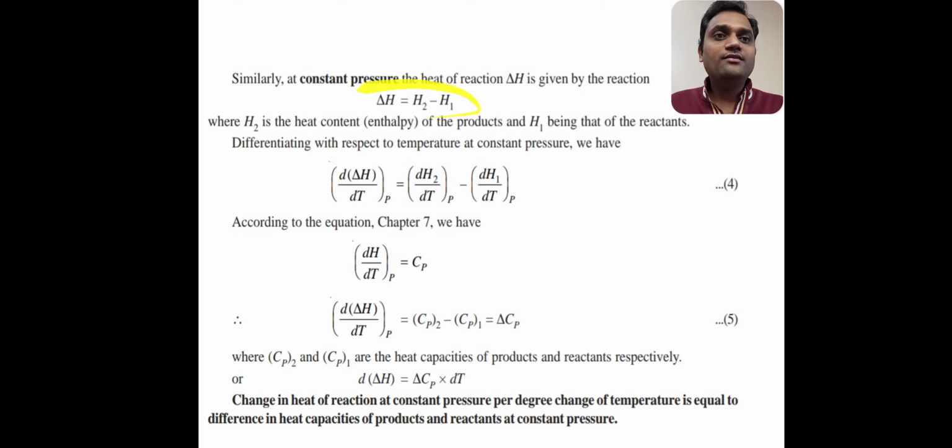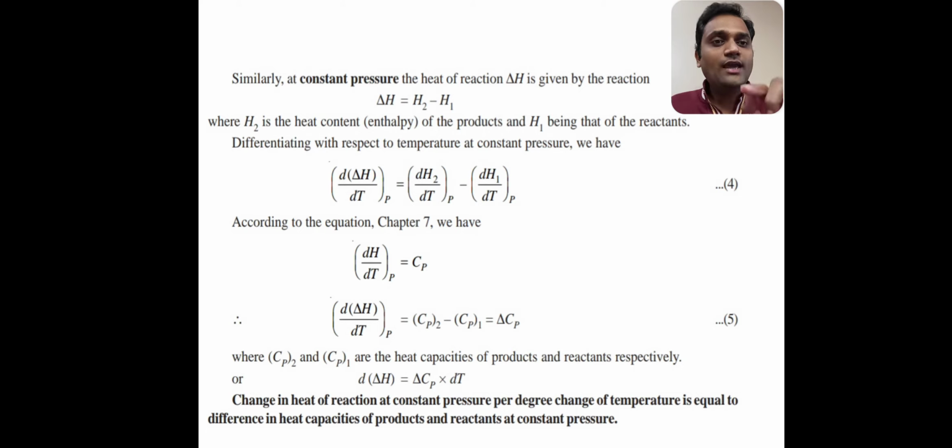Again, similar to the previous equation, we differentiate this equation. After differentiation we get d of delta H upon dT at constant pressure is equal to dH2 upon dT at constant pressure minus dH1 upon dT at constant pressure. This is equation 4.